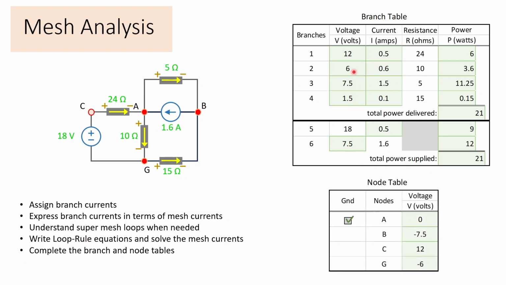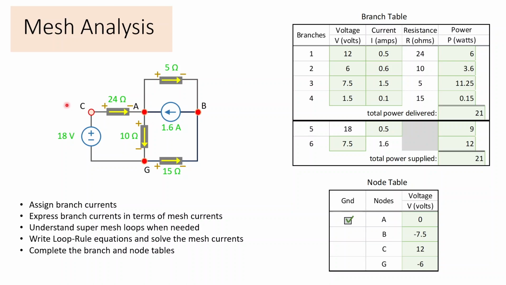Now, once we know most of the voltages in the branch table, we can also complete our node table. Again, we have to arbitrarily ground a node. Since I earlier grounded B and in another example grounded G, I thought, let me try A, right? So I'll ground junction A, which means by definition it has 0 volts.